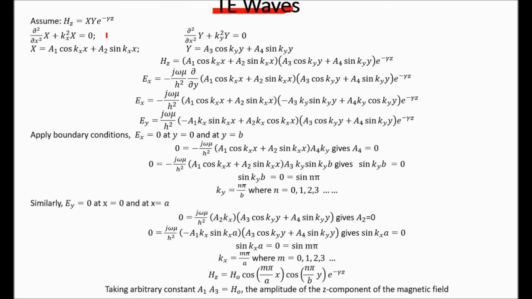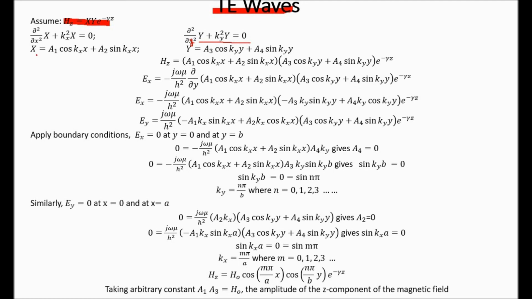Now we solve the transverse electric wave expression. We assume the magnetic field is a function of x, y and propagates in the z direction. So Hz is equal to X Y e to the power negative gamma z, and then we write down that the variable h squared has two components, kx squared plus ky squared.